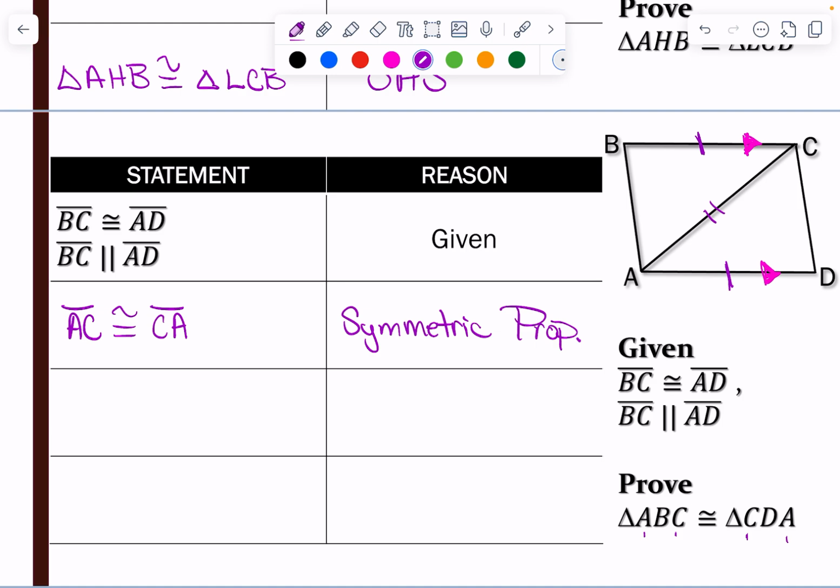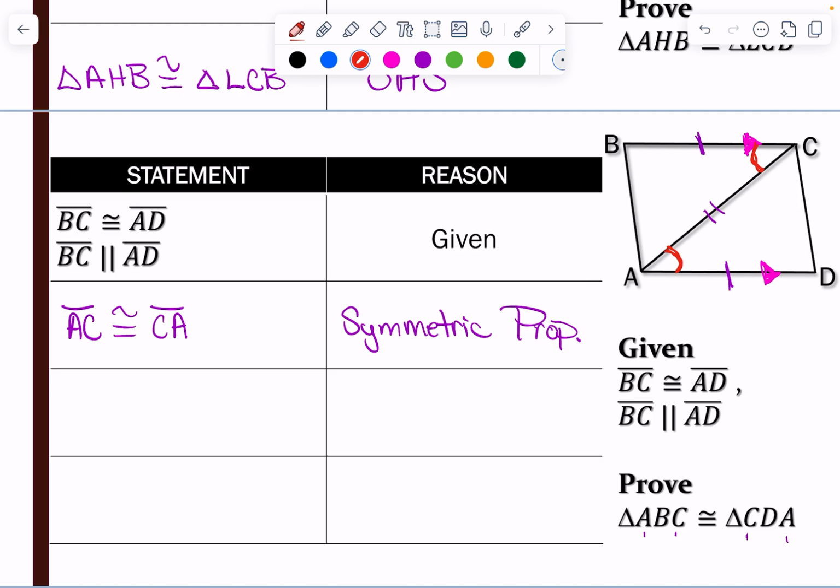Because it's not identical, it flips the order there. Now, this might go back a little ways, but if you look at this drawing, you have two parallel lines cut by a transversal AC, and that would make the alternate interior angles congruent.